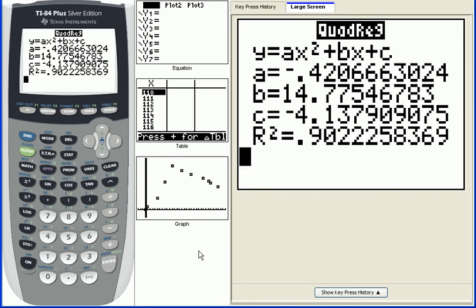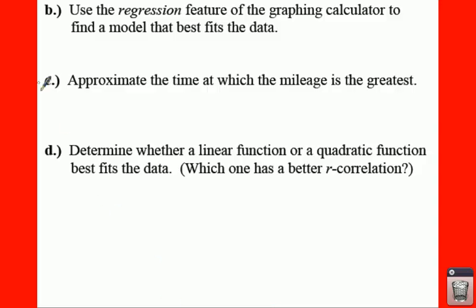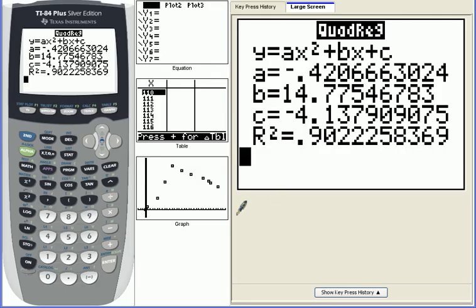So what that means really is that your equation is going to end up being y equals your a value. Let's go to 2 decimal places. So we're going to say negative 0.42x squared plus 14.78x, this is a minus, 4.14.